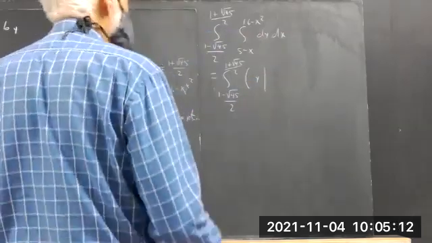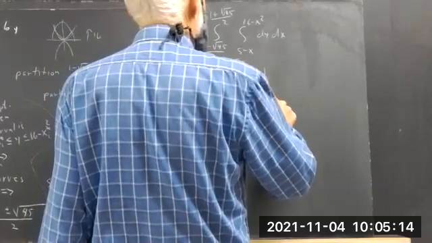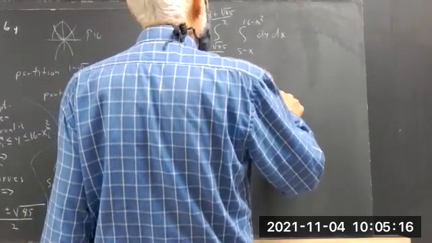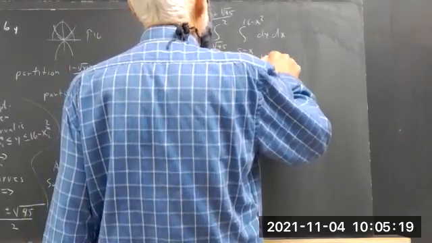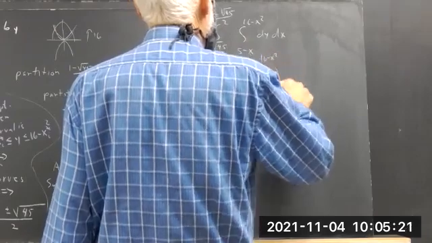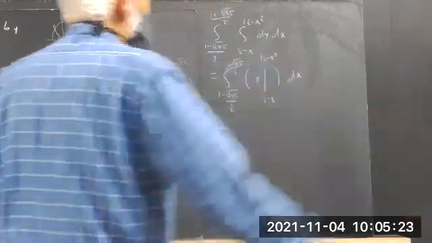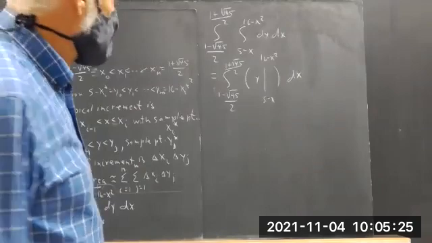So that's going to be evaluated from 5 minus x to 16 minus x squared, and then that'll be integrated with respect to x.